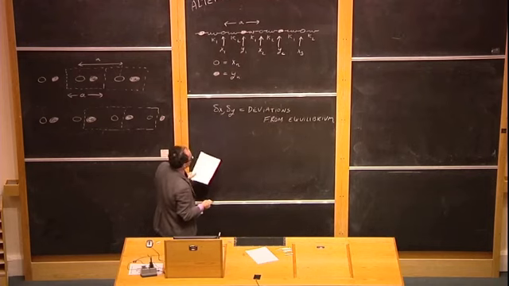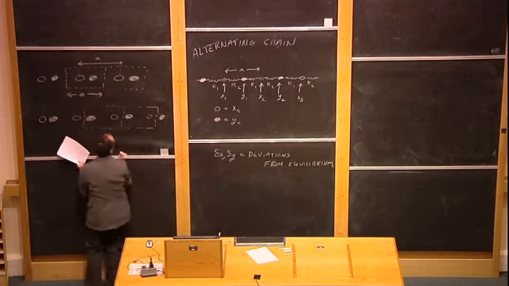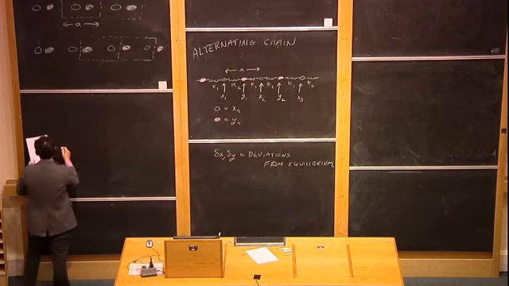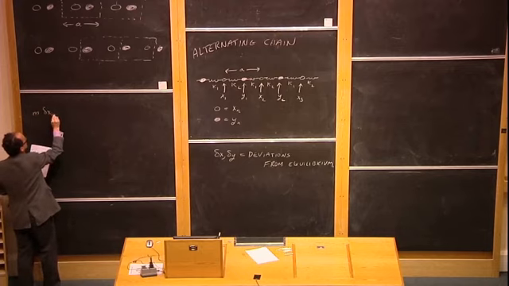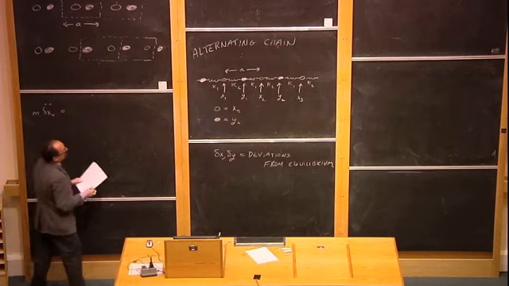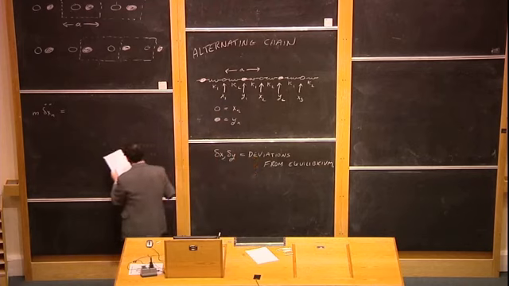So maybe I'll put it over here. Mass times delta x double dot, mass times acceleration, equals, we have to be a little bit careful here. On an x atom, a light atom, on the right it has a kappa 2.